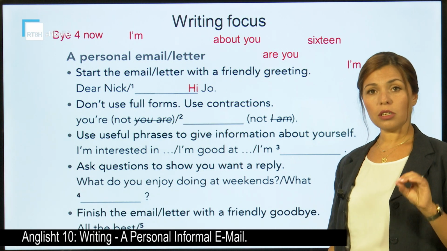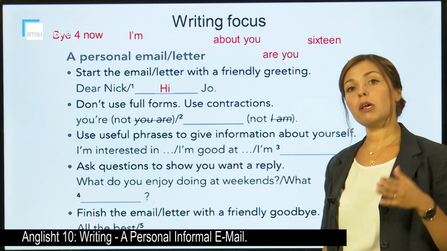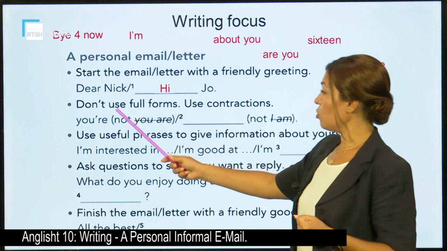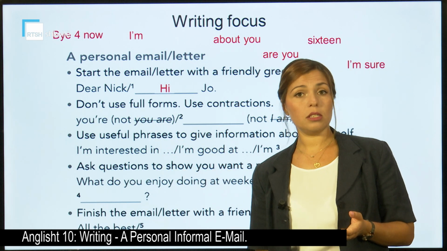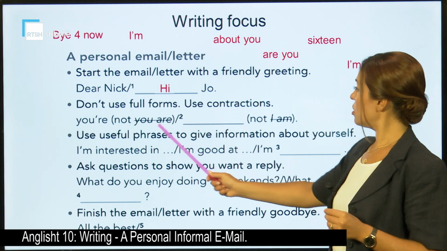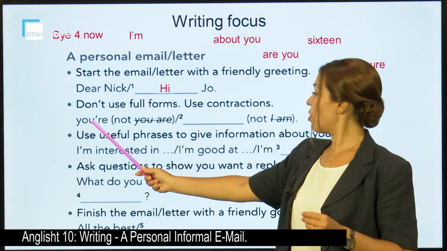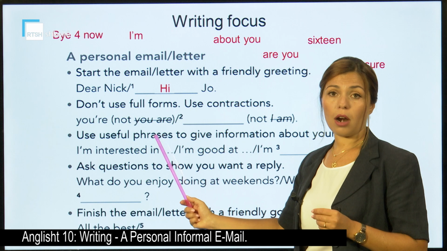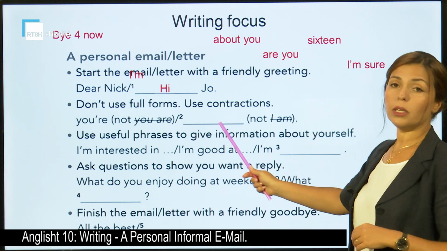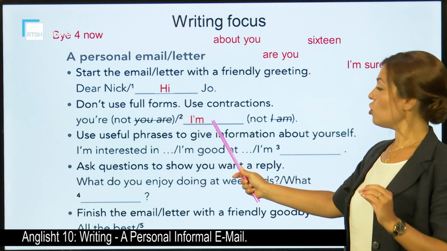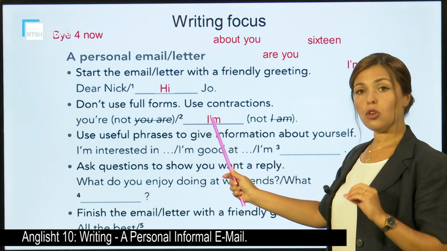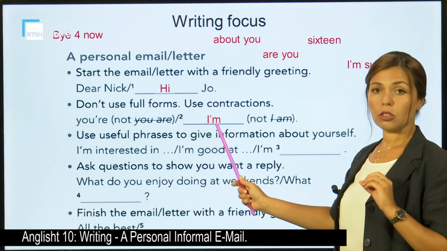These expressions are taken from the letter, from the email that we read just before. Don't use full forms. We said it is informal. So, use contractions. You're, not you are. Not I am, but I'm. So, contractions. I'm, you're, doesn't, don't.